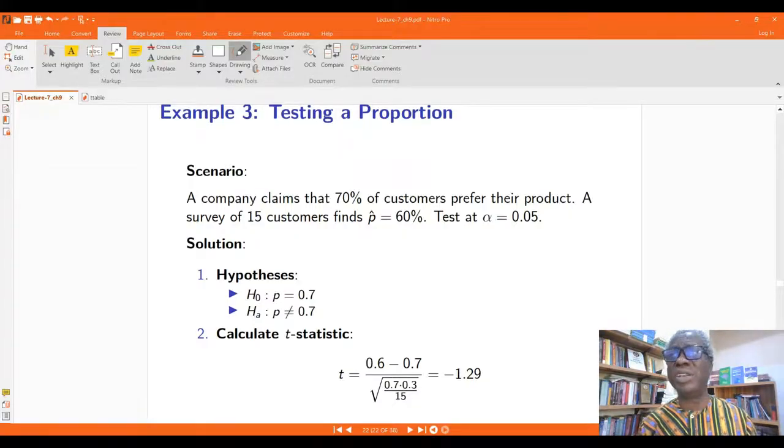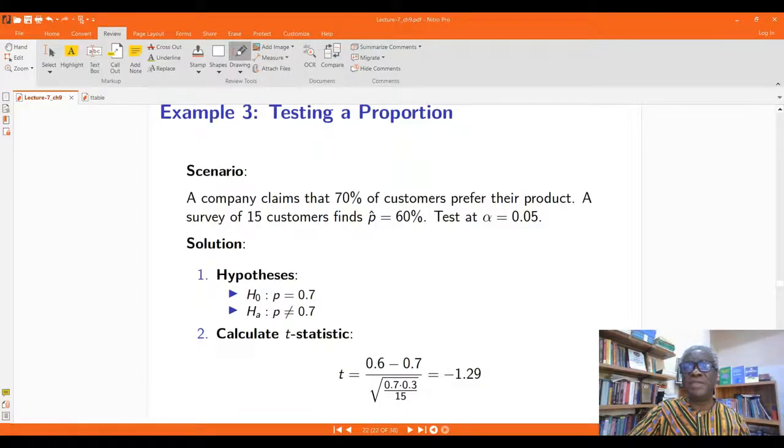To confirm or verify whether this claim is true or not, a survey of 15 customers was taken. The customers were to decide whether they prefer the company's product or not.